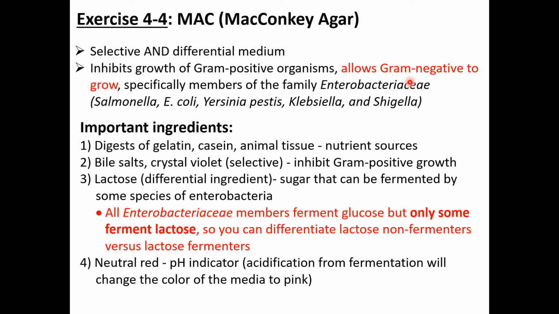Okay, and the Enterobacteriaceae family has a lot of species of bacteria that can cause human diseases. A lot of them are opportunistic because they live in our intestines, and if they get a chance, they will cause disease or some type of condition.